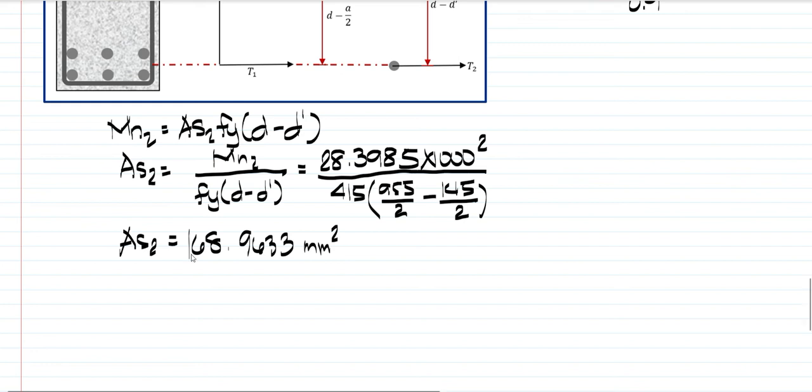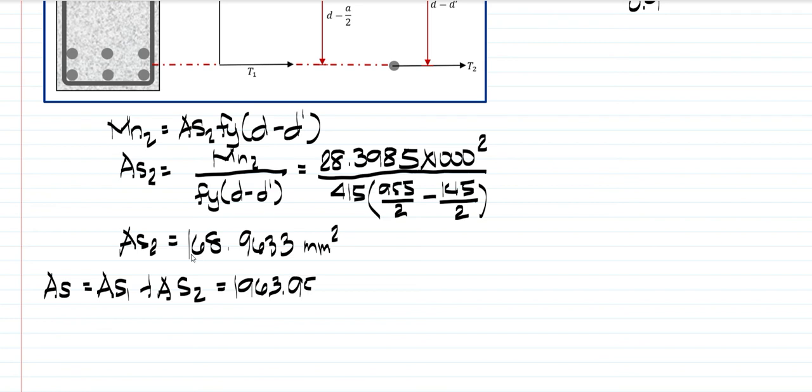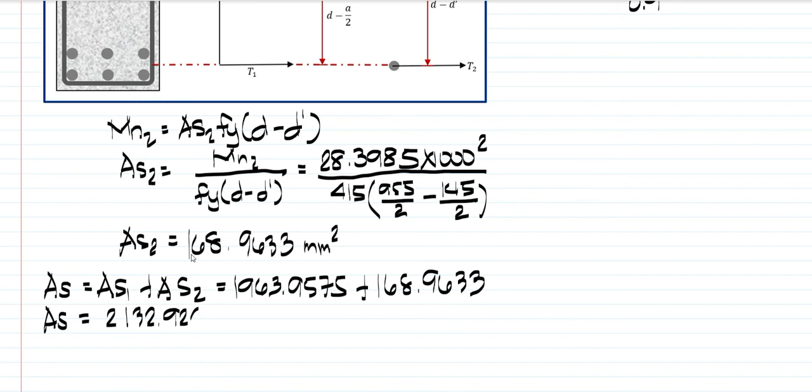Our total tension steel area is As = As1 plus As2. As1 is the 1963.9575 from earlier, added to 168.9633, so we have As equivalent to 2,132.9208 mm squared.